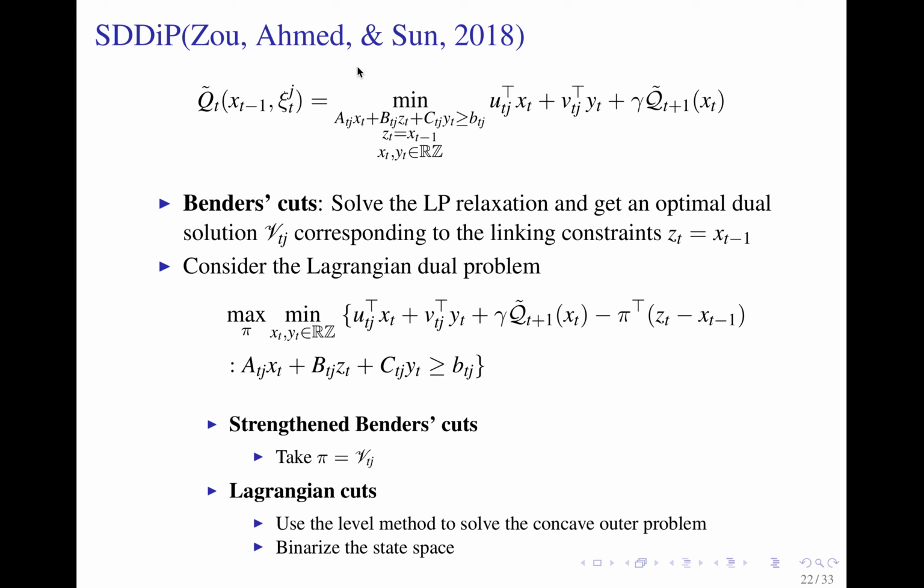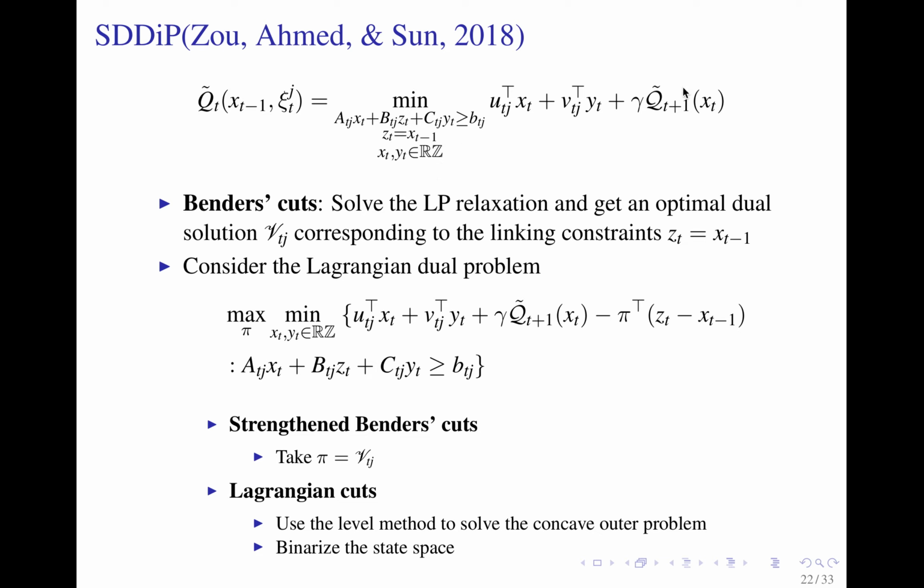So here is the mixed integer subproblem we ought to solve for each stage. All right, so here you can see we have this additional mixed integer constraint.